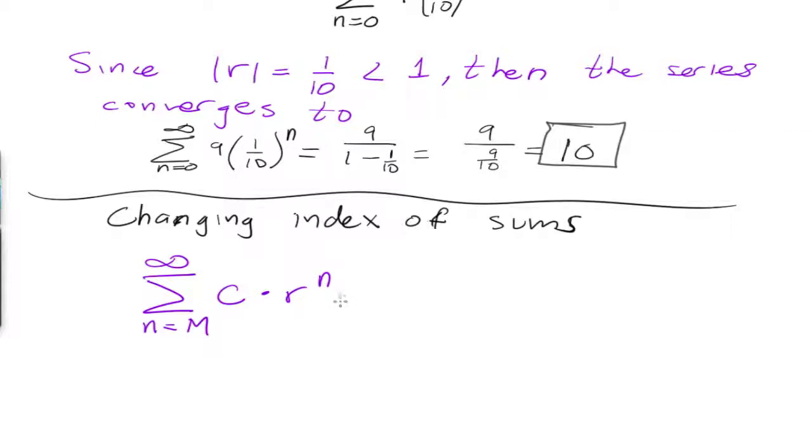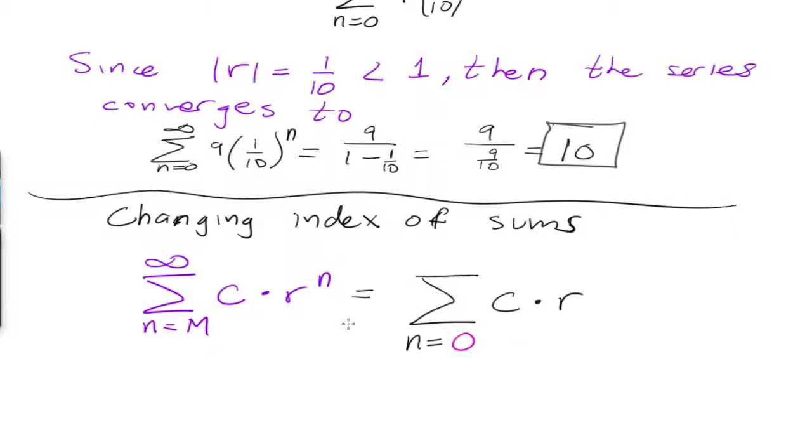Okay, so then what you do is you go, okay, so I want to be able to use the formula. You want to change this sum so that it starts at 0. So then the question is, how does that change the n's that are already there?